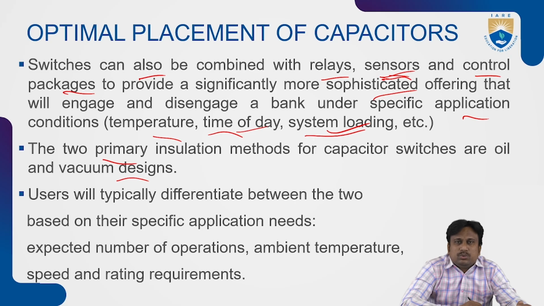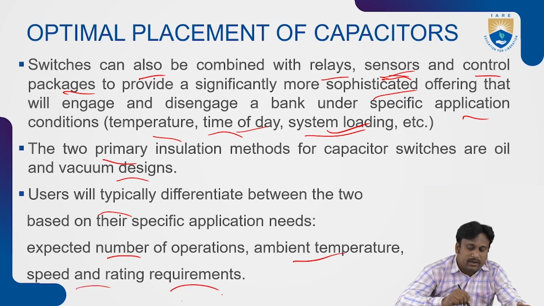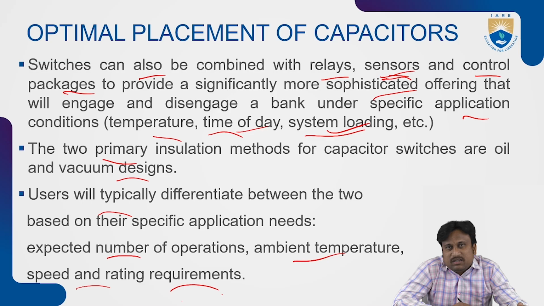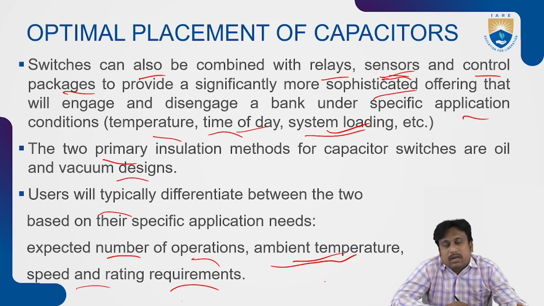Based on application suitability, we select the type of capacitor. Users typically differentiate between the two based on their specific application needs, like the expected number of operations, ambient temperature conditions, and speed and rating requirements. These are key features to consider for the specific application needs of the whole capacitor system.